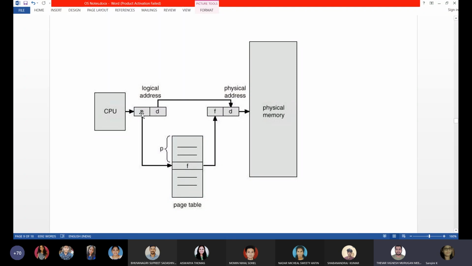To find the equivalent frame number of this page number, the MMU needs to refer to the page table. Inside page number 3's entry, the frame number will be there, and that frame number will come here as a part of the physical address.